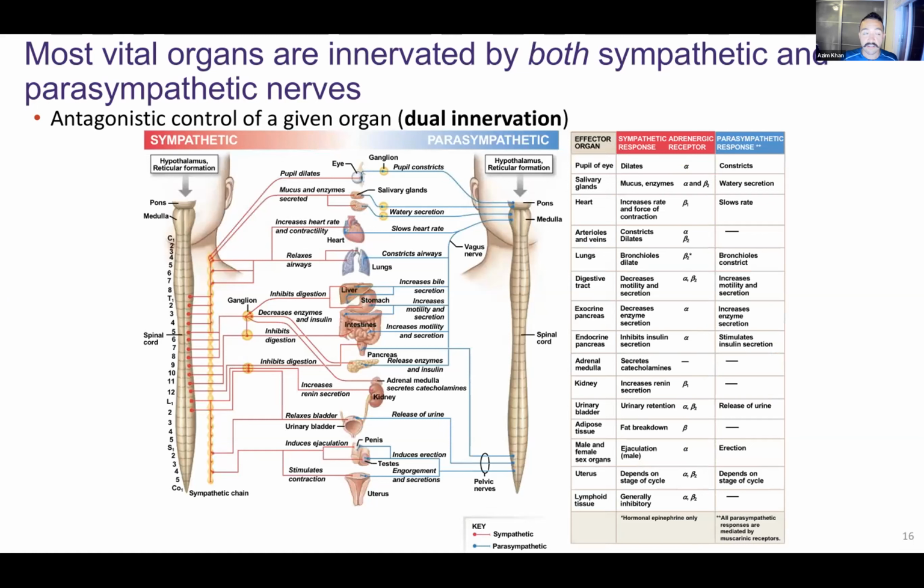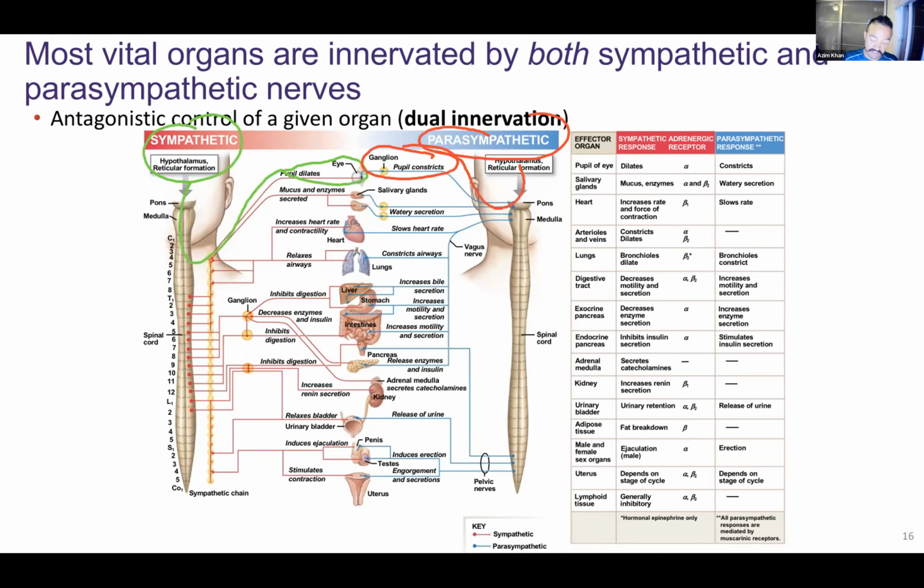Hopefully you've seen that both sympathetic and parasympathetic nervous systems can innervate, can activate or inhibit similar organs. We've seen, for instance, the sympathetic division dilate the eye while the parasympathetic division constricts the eye.